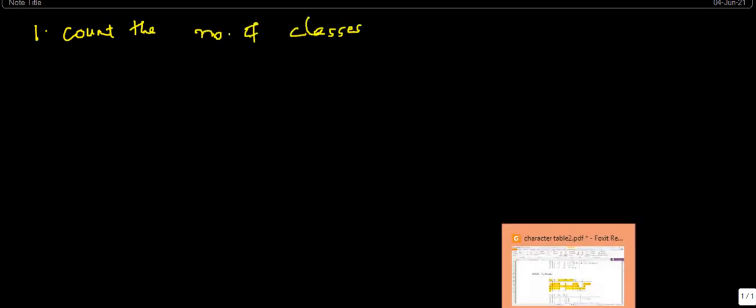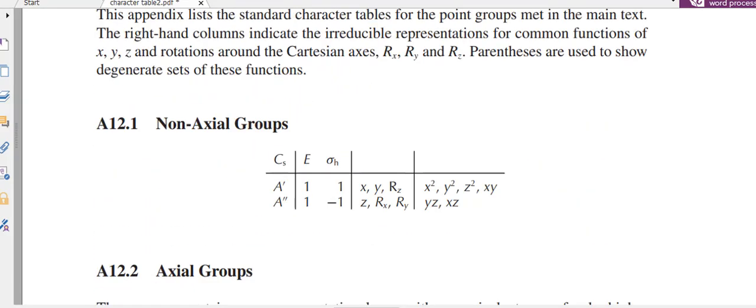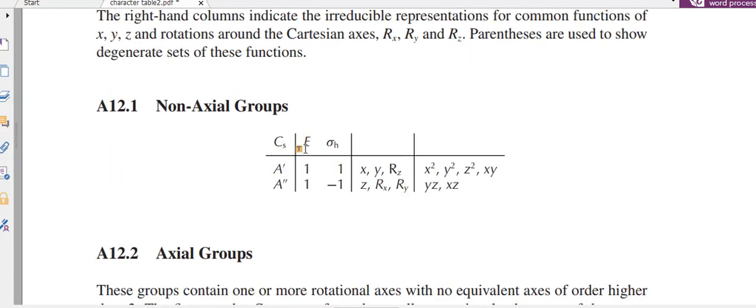In the character table, the first thing we should know is to count the number of classes. For example, if you take this character table, you find the classes here. How many classes are there? The number of classes is 2.